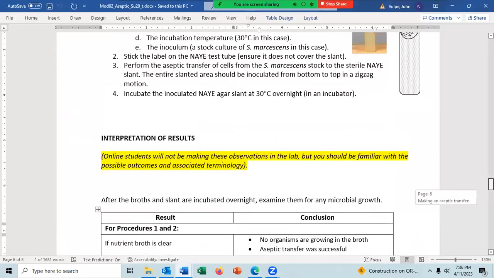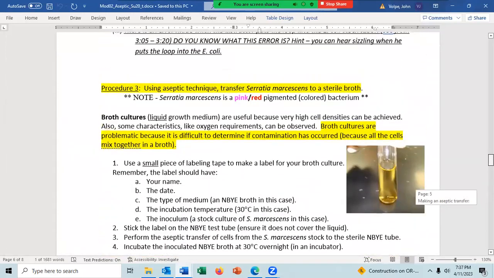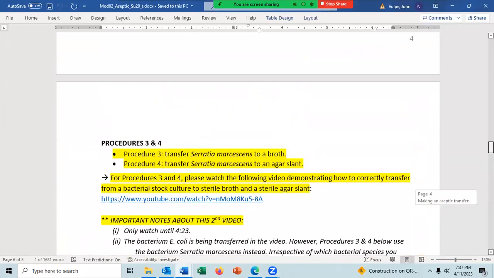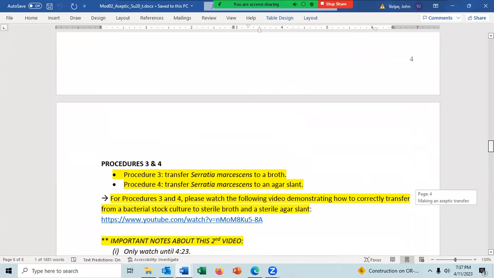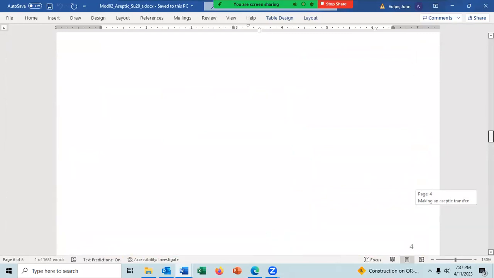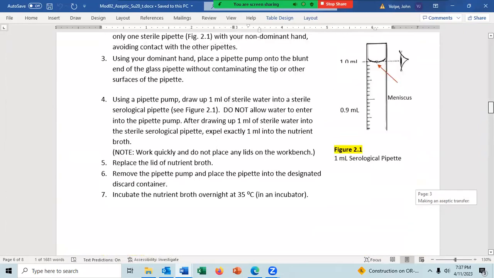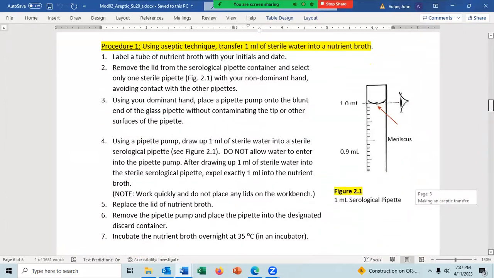For procedure 4, we're doing something similar, but we're not inoculating Serratia marcescens into a broth. Instead, we're inoculating Serratia marcescens into a slant.